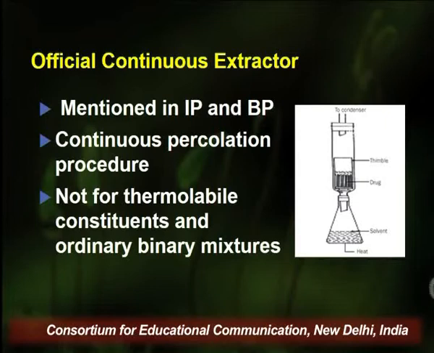This method also cannot be used when you are using an ordinary binary mixture of solvents, because you will be heating the solvent. The solvent with the lower boiling point will evaporate before the solvent with the higher boiling point, and the extraction will be done by a non-uniform mixture of solvent.